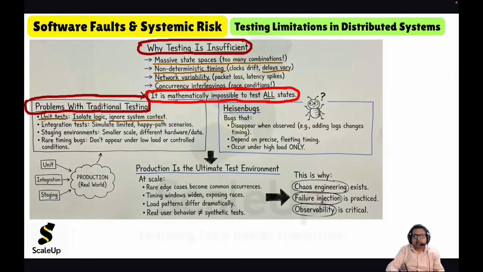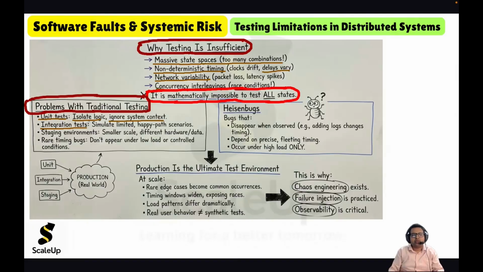The problem with unit testing is that it cannot catch failures that emerge from the interaction of two services, because unit testing considers components independently. When components interact, certain issues might arise, and unit testing will not consider that. That's the problem with unit testing.